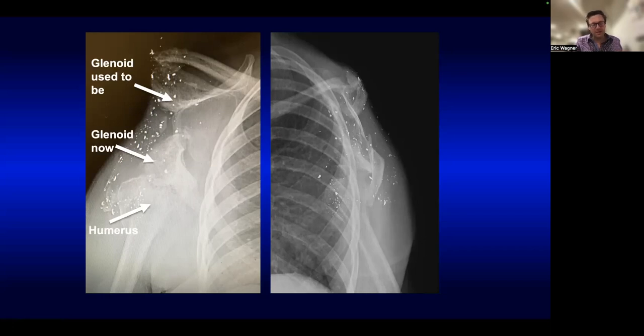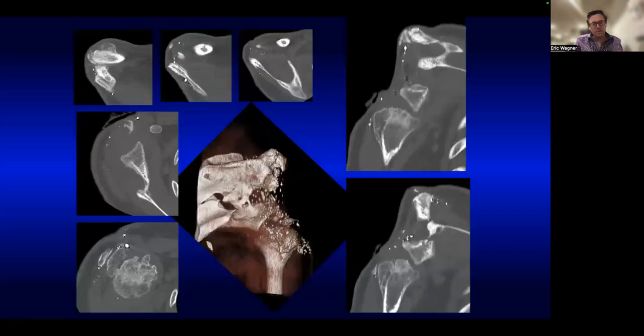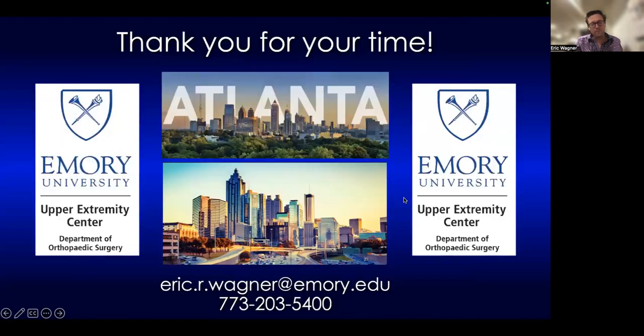So you can imagine the patient probably is pretty limited, and didn't have a lot of options for this. So yeah, this shows it again. So scapula down here, glenoid down here, used to be up here. Now it's down here. Humerus is even further down. So humerus, glenoid used to be all the way up there.